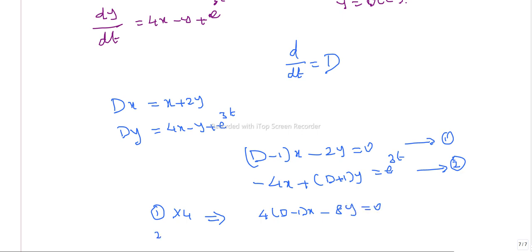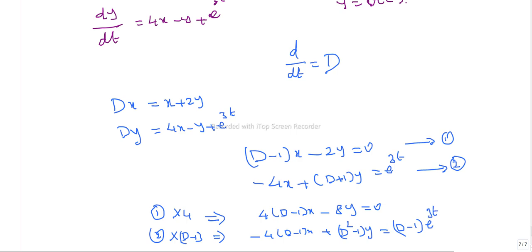Now the second equation we are going to multiply by the operator (D minus 1). So what you will get? Minus 4 times (D minus 1) x plus (D minus 1) into (D plus 1), which is D squared minus 1, into y equal to (D minus 1) into e^(3t).